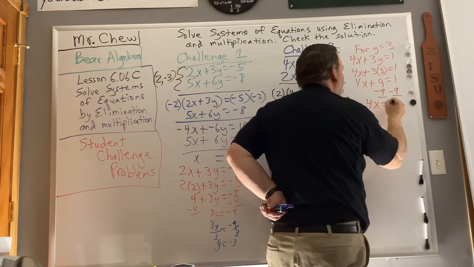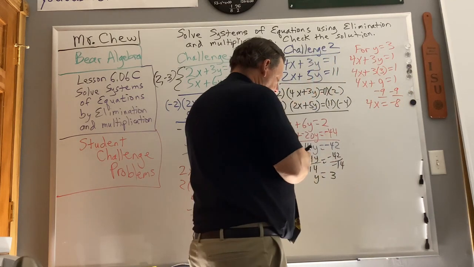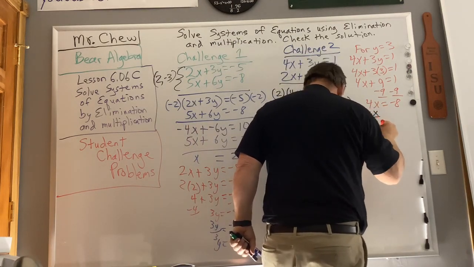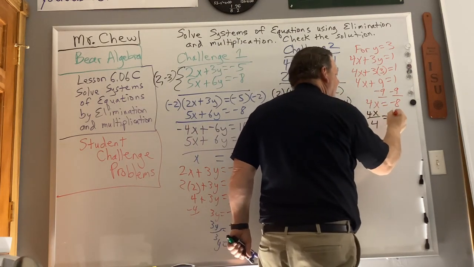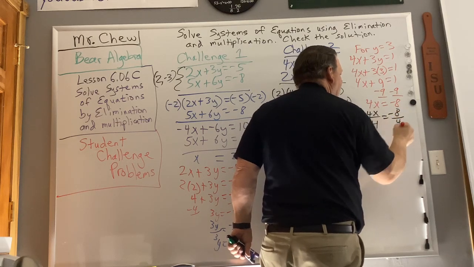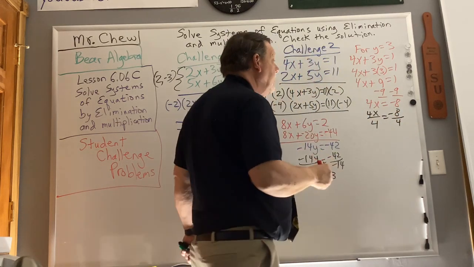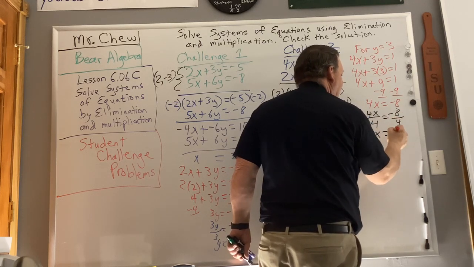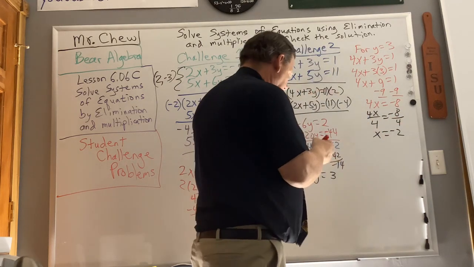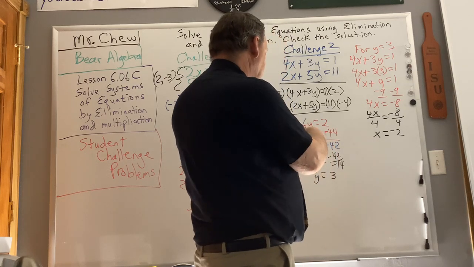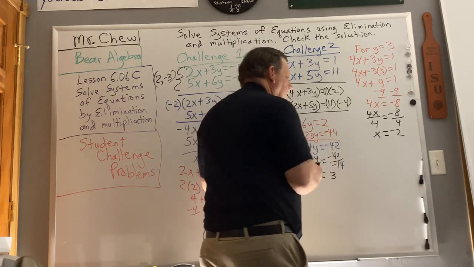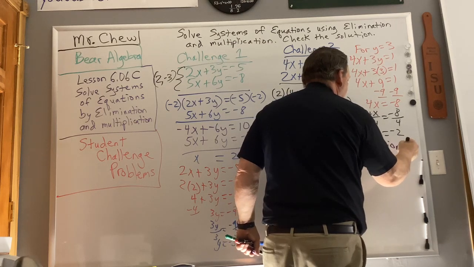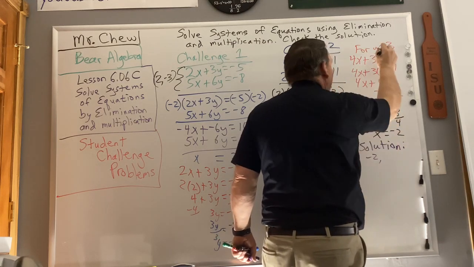So I have 4x equals negative 8. I divide the left by 4 and the right by 4 using the division property of equality. 4 over 4 is 1. 1 times x is x. Negative 8 divided by 4 is negative 2. So I believe the solution is negative 2, 3.